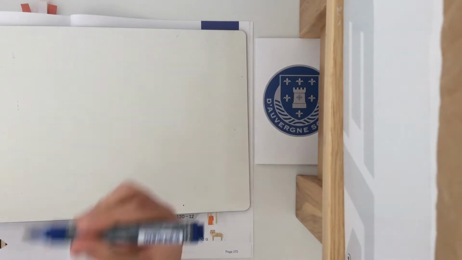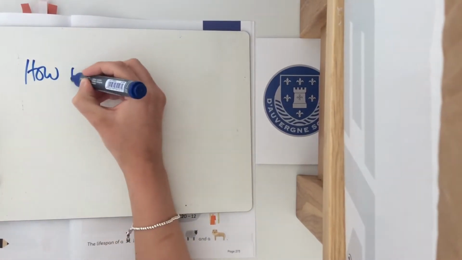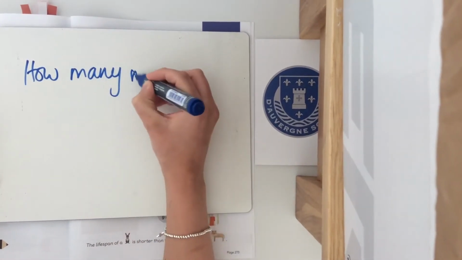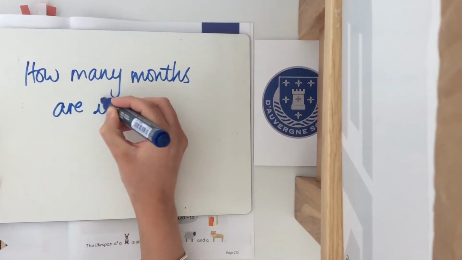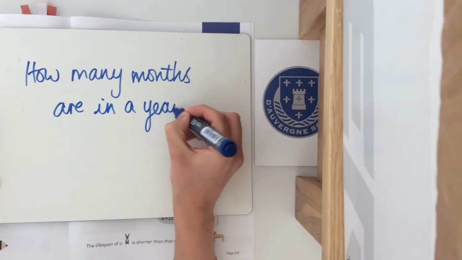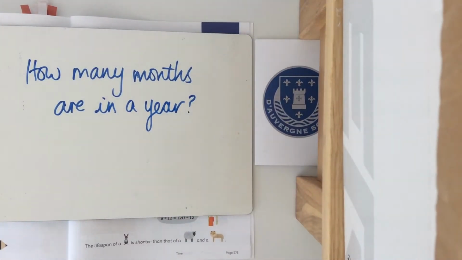We need to know how many months are in a year. In a moment, I'd like you to pause the video, work out how many months we have in a year, and see if you can name all of the months. Off you go.